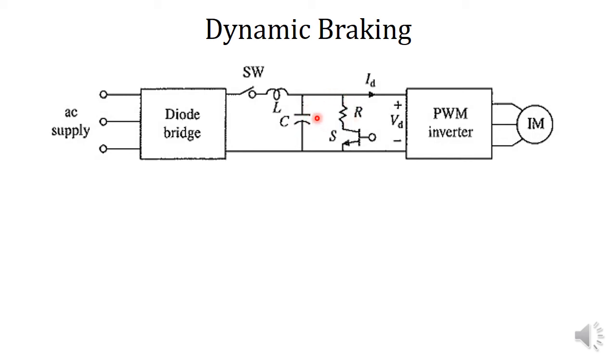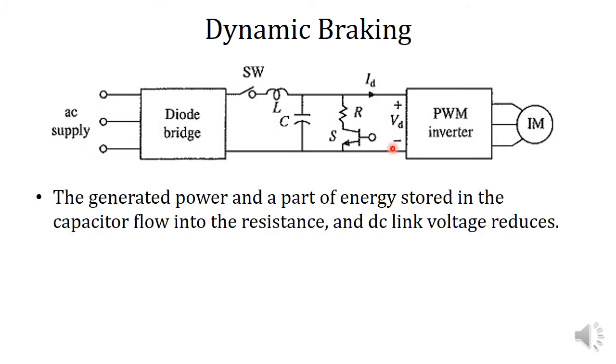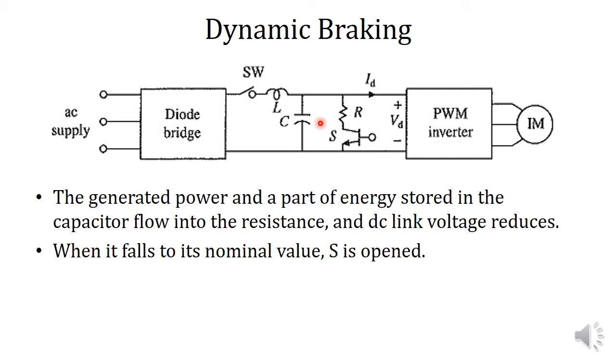During this operation, the value of VD, that is the DC link voltage, reduces. We are continuously monitoring the voltage across the capacitor, that is equal to the DC link voltage. When it becomes equal to a nominal value, or a set value, then the switch S is opened.